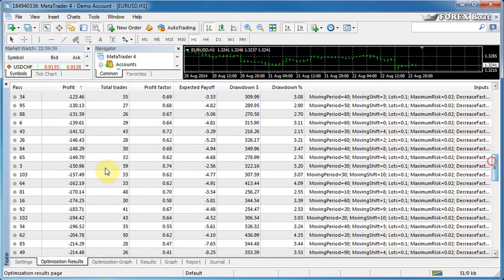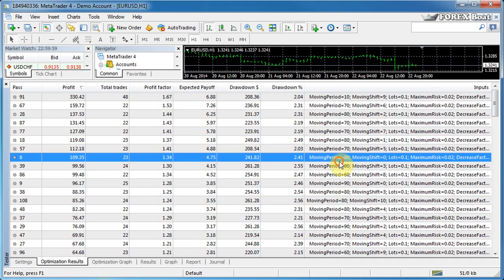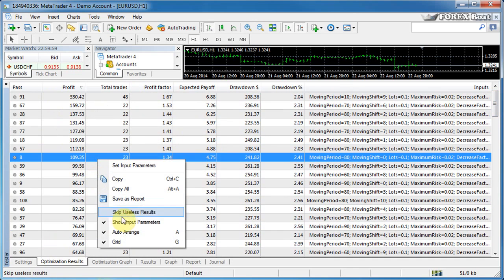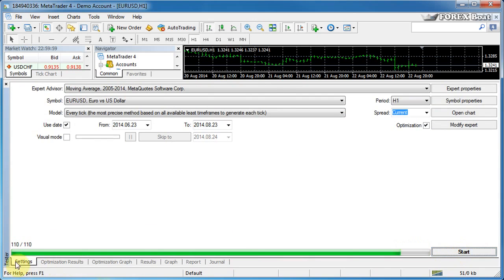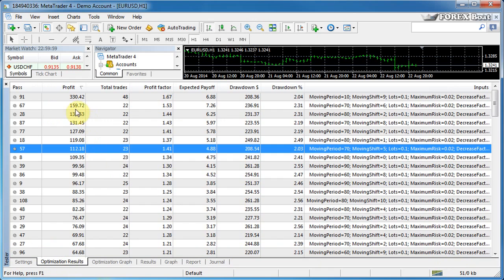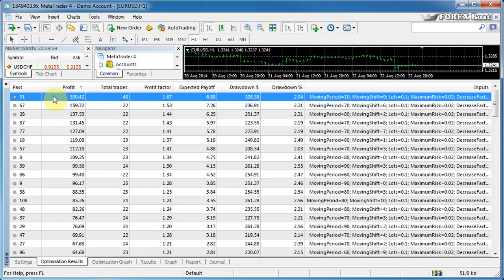There are results here that were negative, and if that checkbox is on, then you won't see them. It is on by default, so you have to switch it off and then rerun the test again. And now we see all of these results, and as you can see, the most profitable result is up here. We can see the profit factor, expected payoff, and everything, and these are the parameters over here on the right.